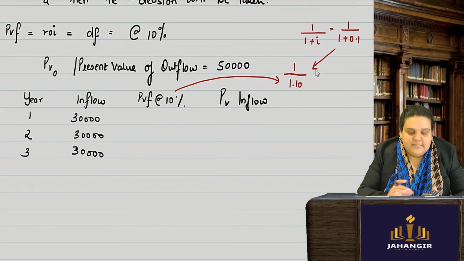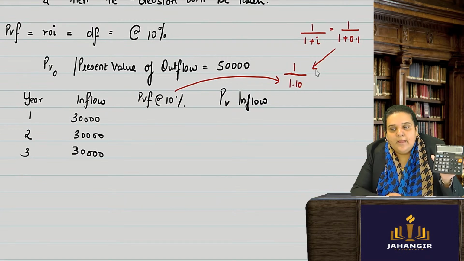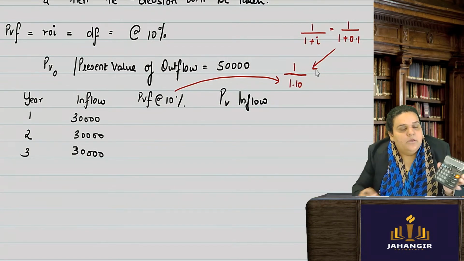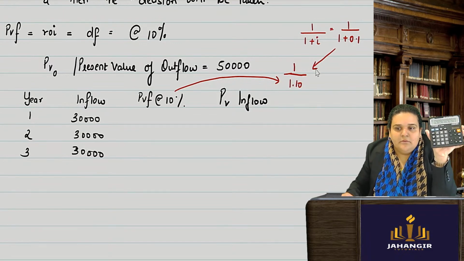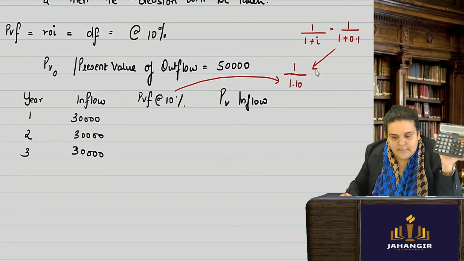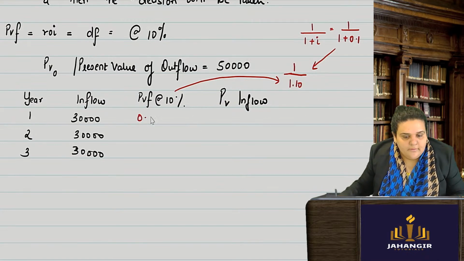Take that on your calci. 1 divided by 1.10 and press equal to. I hope you all can see my calci. You will get a particular number, 0.9091. Take up to 4 decimals.